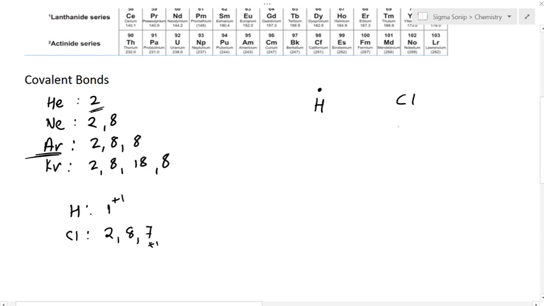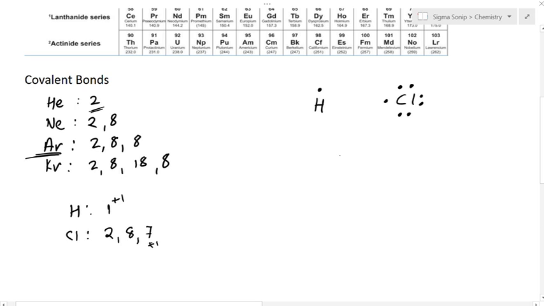So chlorine has 7 electrons, so we write them like this: 1, 2, 3, 4, 5, 6, and 7. When hydrogen and chlorine combine, they share 1 electron each, and that way hydrogen would acquire 1 electron, so to say, and chlorine would also acquire 1 electron, and both of them would have electron configurations similar to noble gases.